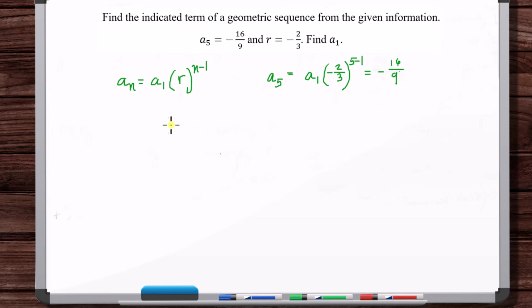So we have a sub 1 times minus 2/3 to the 4th power is equal to minus 16/9.